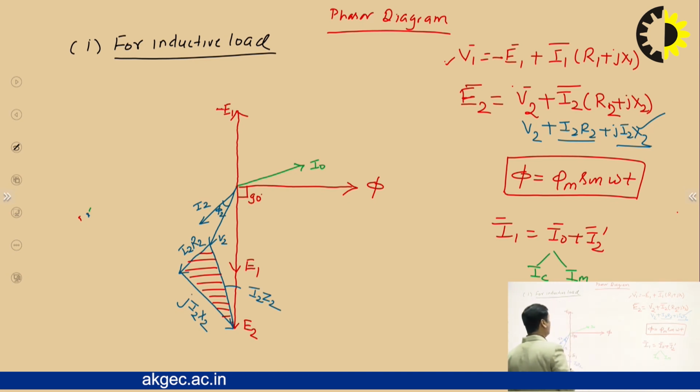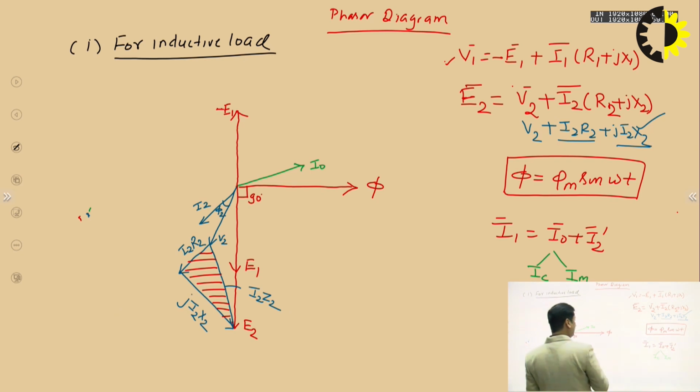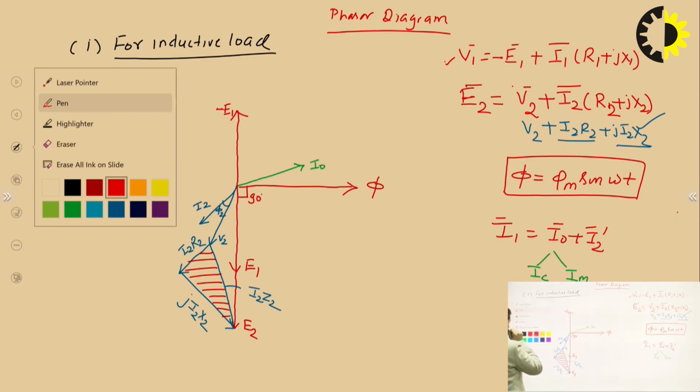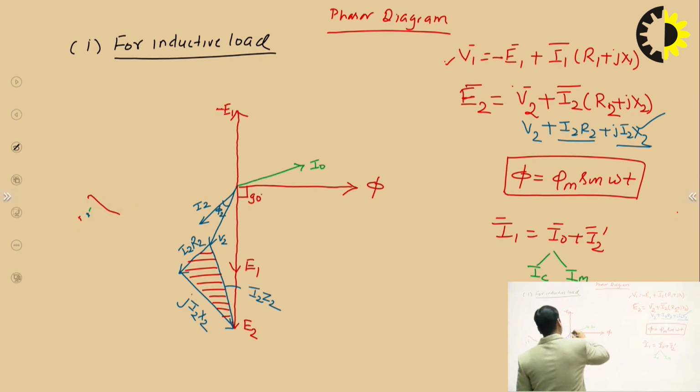So first we have to find I1, the primary current of the transformer. I0 is already there, then I2 is this, and I2 dash is opposite of I2 because it is the current flowing opposite to that of I2. This is I2 dash.